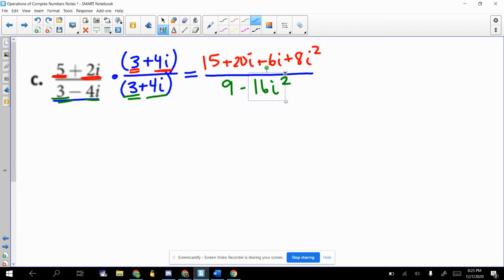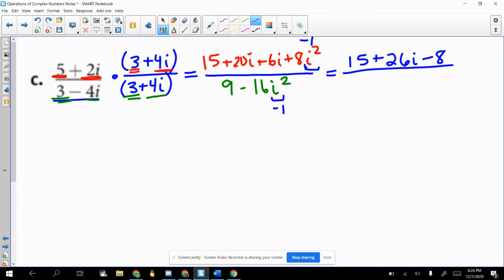Okay, so now let's go ahead and simplify. This would be 15 plus 20i, and 6i is going to be 26i. And then 8i squared, here's where we need to plug in that negative 1. So 8 times negative 1 is a negative 8, and we'll simplify that in a second. And then on the bottom, we're going to plug in negative 1 here.